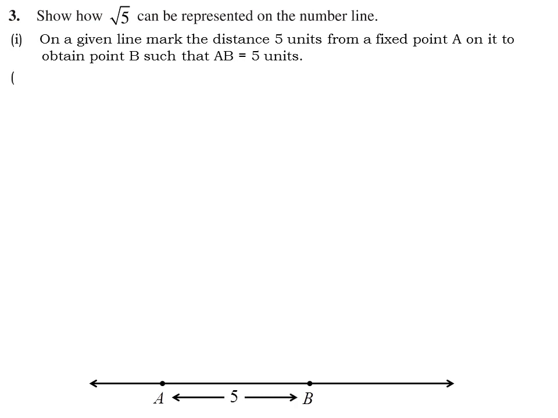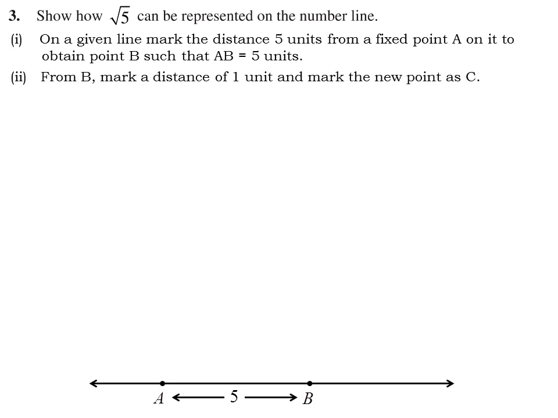Now the second step: from point B, mark a distance of 1 unit and mark that new point as C. So I mark a new point on the line, denoted C, and the distance between B and C is 1 unit.